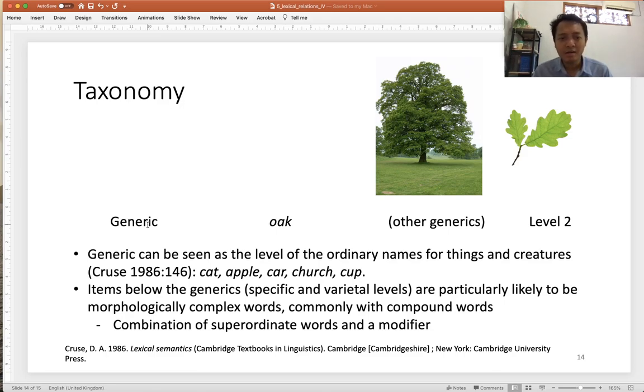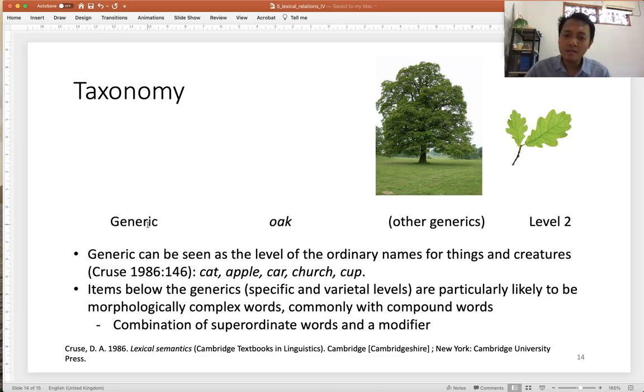VW, Volkswagen car, for instance. So the generic level is just the ordinary names for things and creatures, and usually the levels below generic are expressed by morphologically complex words and compound words. Expressing levels below generics is not infrequent. They are very common.